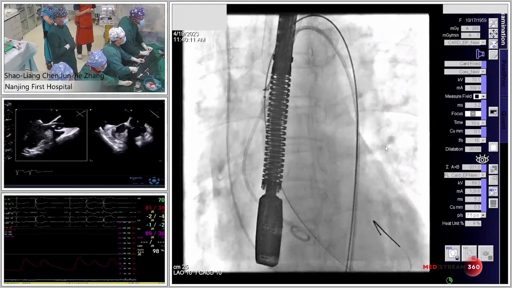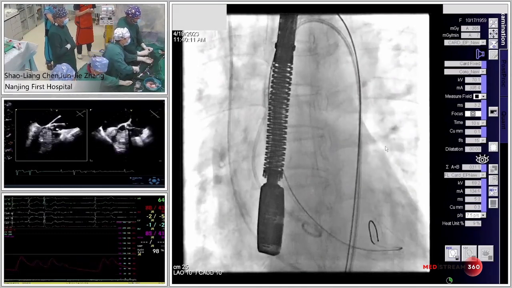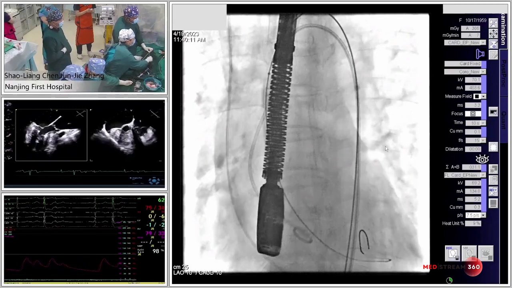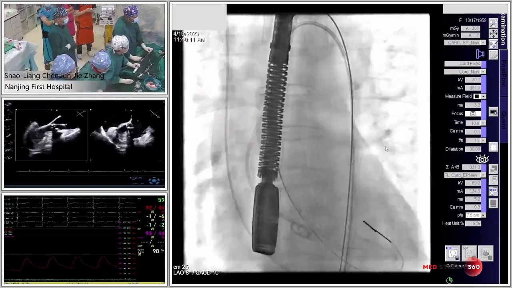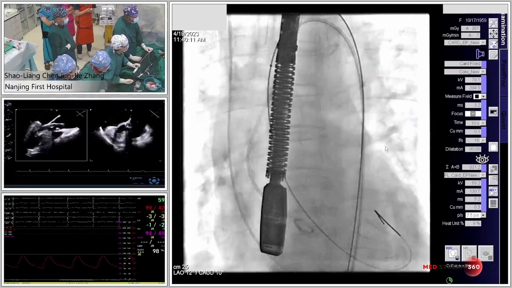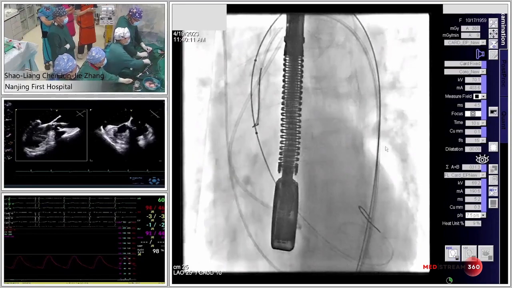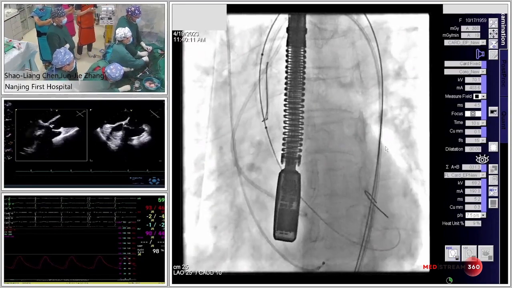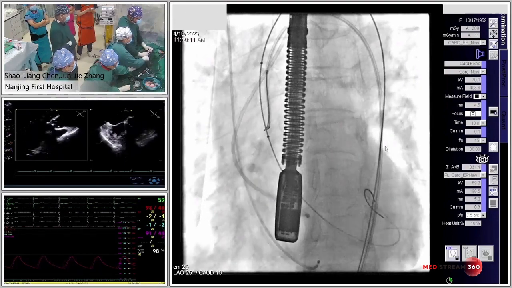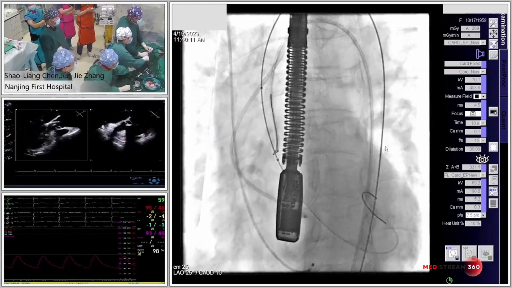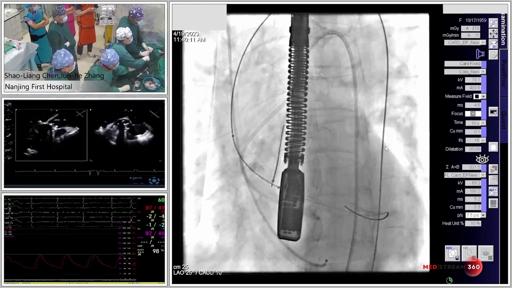Hold the wire. Okay. So at this time, I think more support. My second operator will hold the snare and change the angle. Hold the snare, change the angle, or lose tension.